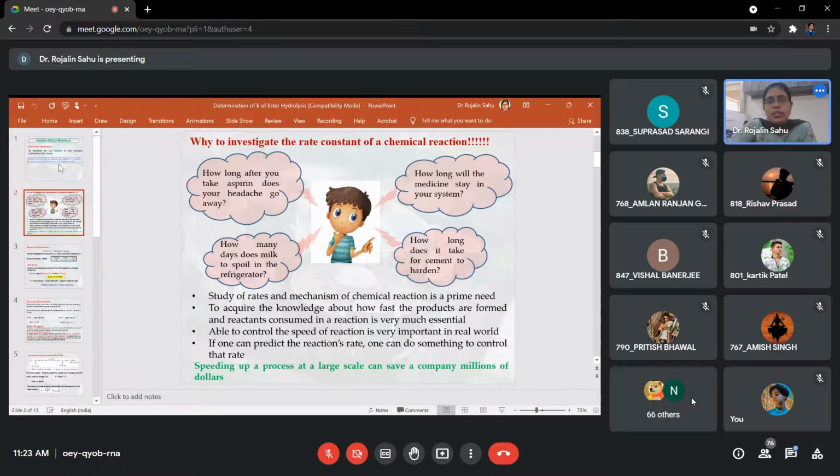And you know the half-life period. That is also equally important when we are treating cancer patients. The half-life period is very important because of which radioactive element you are using as a radiopharmaceutical to inject into the patient's body, to know which region is affected by cancer.